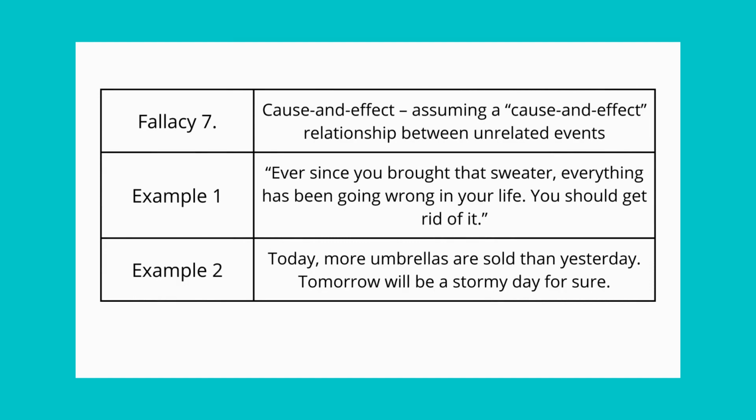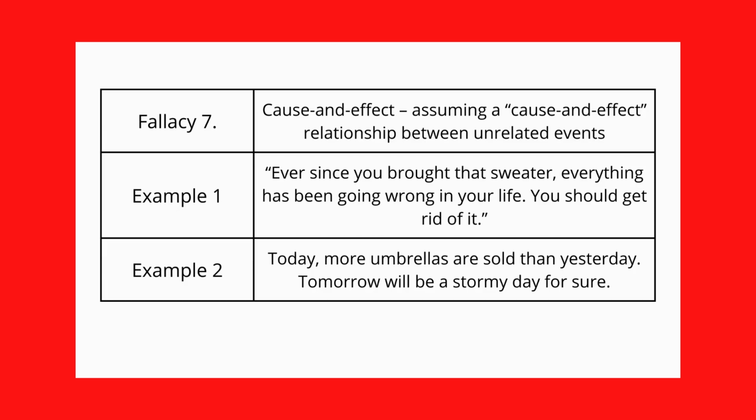Fallacy 7. Cause and effect. Assuming a cause and effect relationship between two unrelated events. Example 1. Ever since you bought that sweater, everything has been going wrong in your life. You should get rid of it. Example 2. Today, more umbrellas are sold than yesterday.